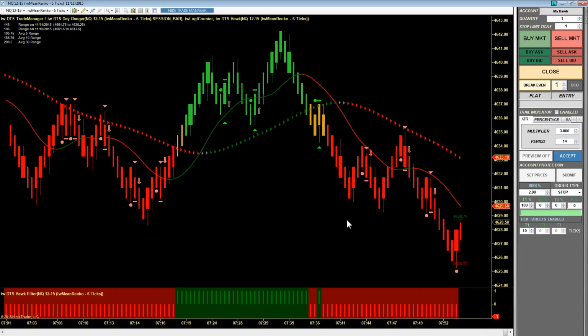We get the sensitivity of a candlestick along with the power of a range bar. So we get a range bar that focuses totally on price, takes time out of the equation, and we also get the sensitivity of a candlestick. So they're more powerful than just a regular Renko style bar.